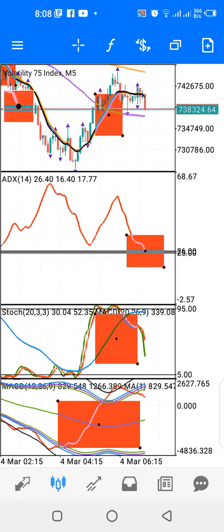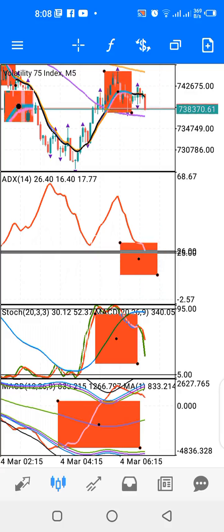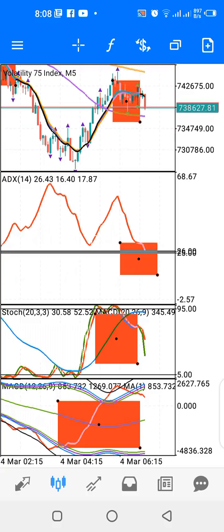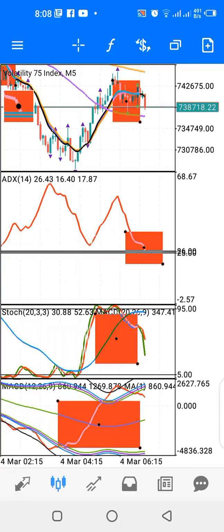stay out. If it drops below it, you stay out of action, because we may expect a range here. Price may continue to range, and when it is ranging, you can hardly tell if it is going to come down or go up. Okay, so this shows that we are about to stay out of action, whether we are going to buy or sell.